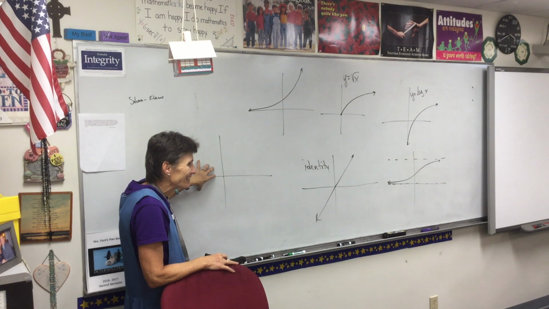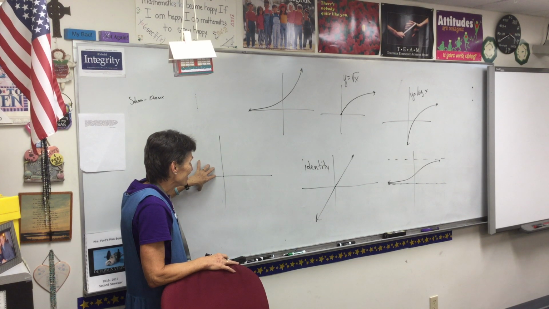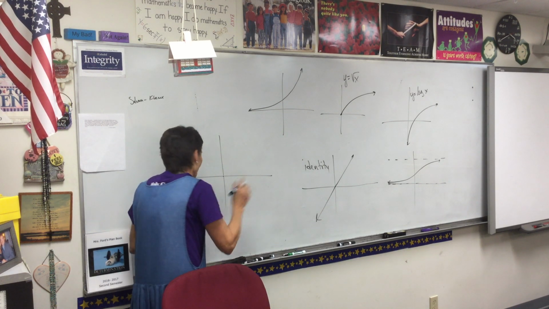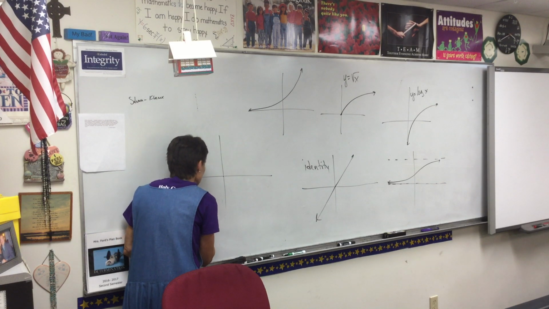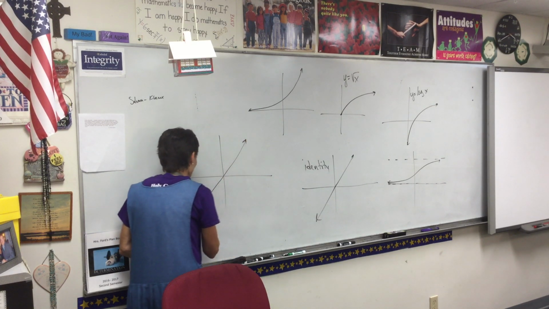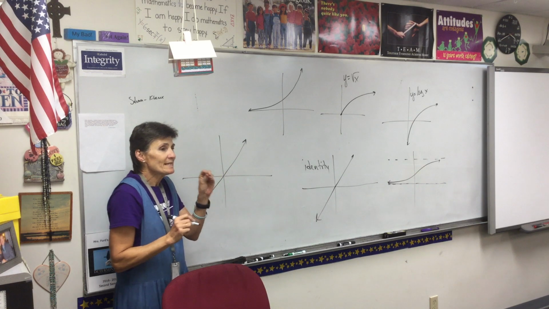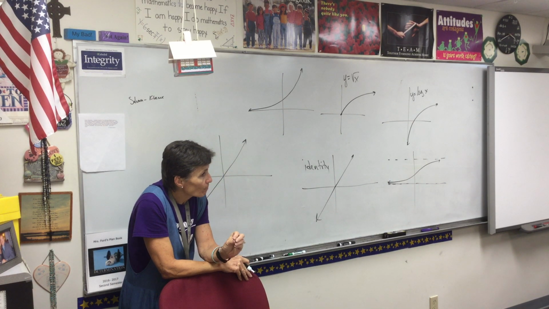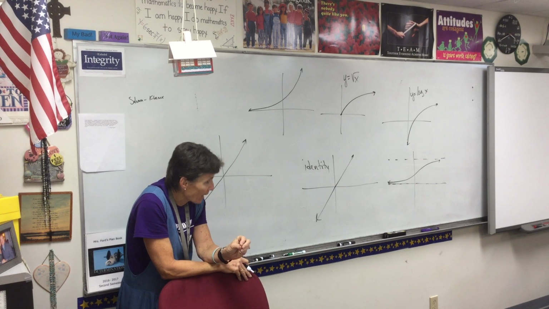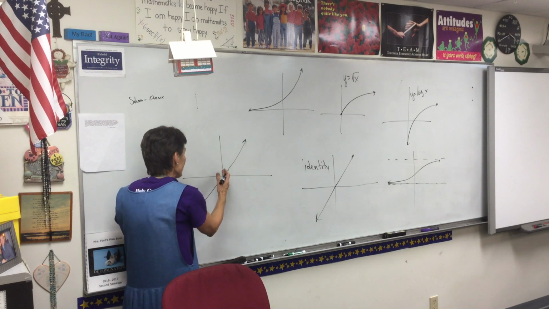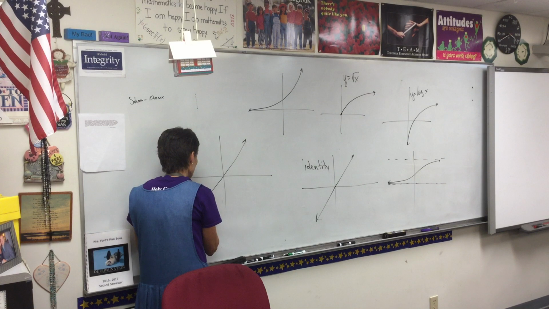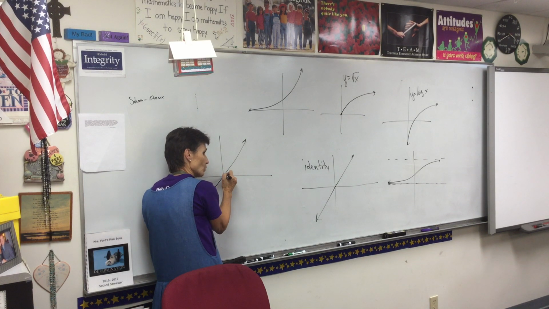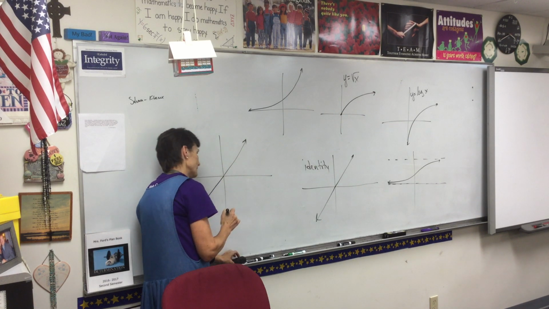Now, Pat. Identity. Okay, no, the identity is not 1. I need to talk about this. When we test for increasing and decreasing, we are moving left to right. So when I am over here, Pat, moving left to right, which way is my pencil going? Up. That is not 1.